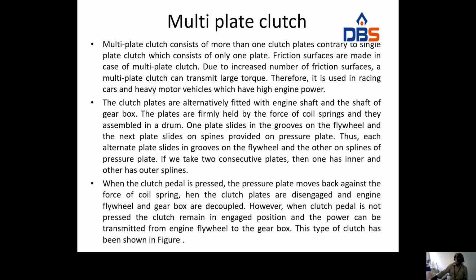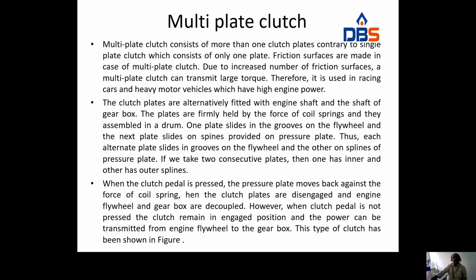This multiplate clutch consists of more than one clutch plate compared to the single plate clutch. So there are many friction surfaces because of the larger number of clutch plates.